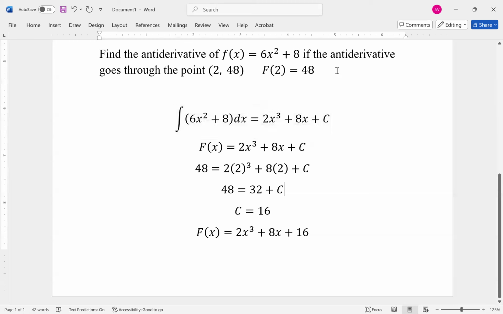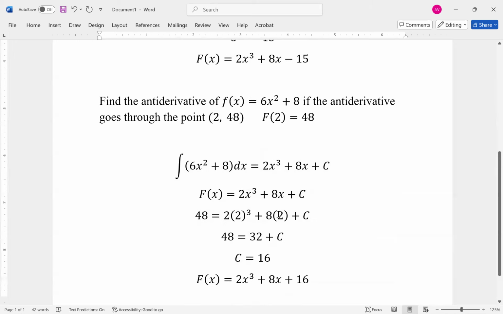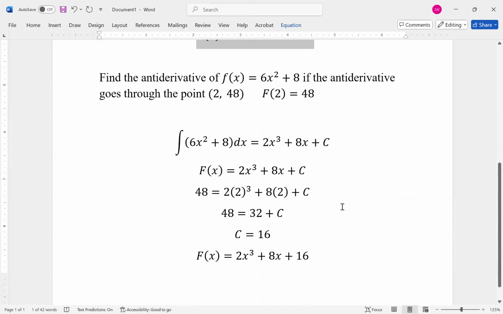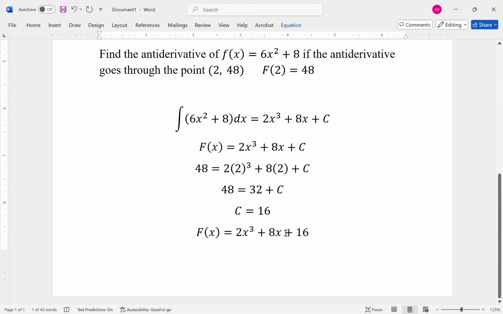And then if you know some additional information about the antiderivative, like a point that it goes through, you can simply plug in the point and find the specific value for c in that instance. And again, notice that going through the point (2, 17) gave me the antiderivative 2x to the third plus 8x minus 15, whereas going through the point (2, 48) gave me a different antiderivative, 2x to the third plus 8x plus 16.